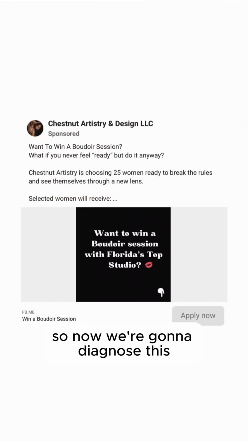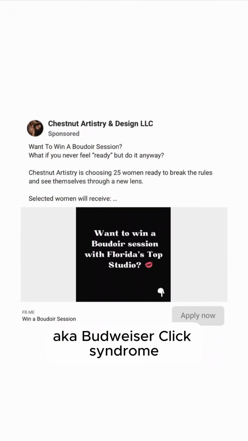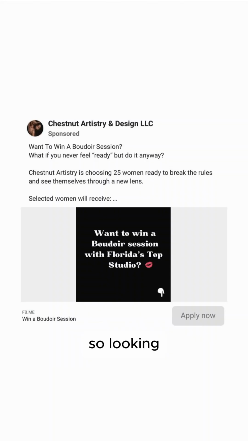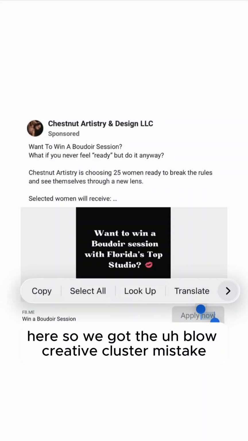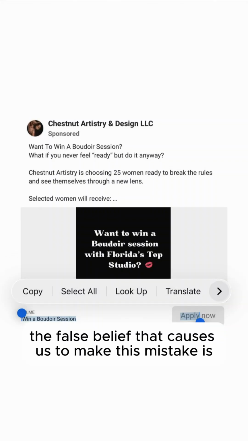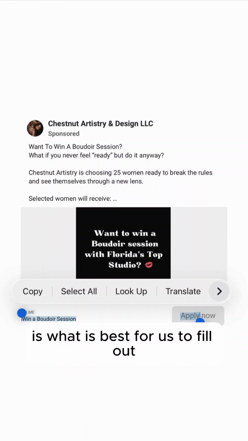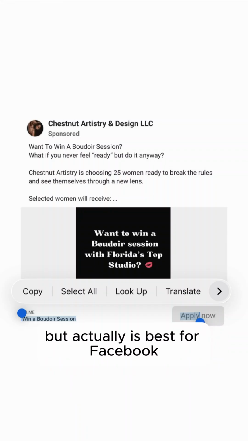Now we're going to diagnose if we believe it has BLCS, aka Boudoir low click syndrome. So looking here, we got the below creative cluster mistake. The false belief that causes us to make this mistake is we're trusting that what Facebook says we should fill out for our ad is what is best for us, but actually it's best for Facebook.